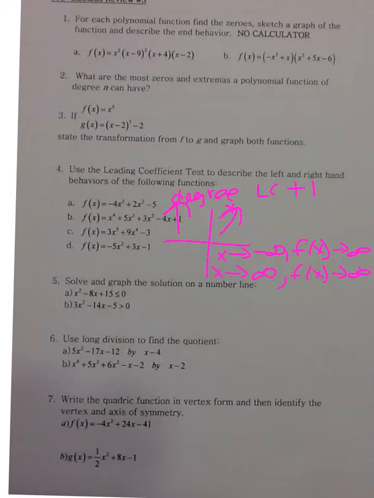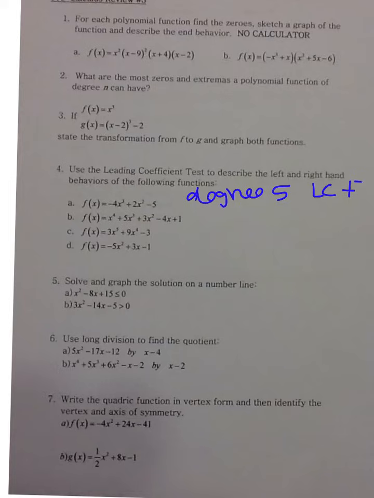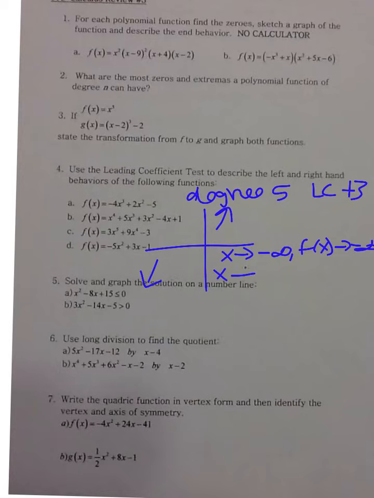As x goes to infinity, f of x goes to infinity. Okay, let's take a look at C. The degree is 5, and the leading coefficient is positive 3. So it'll be like this. As x goes to negative infinity, f of x goes to negative infinity. As x goes to infinity, f of x goes to infinity.